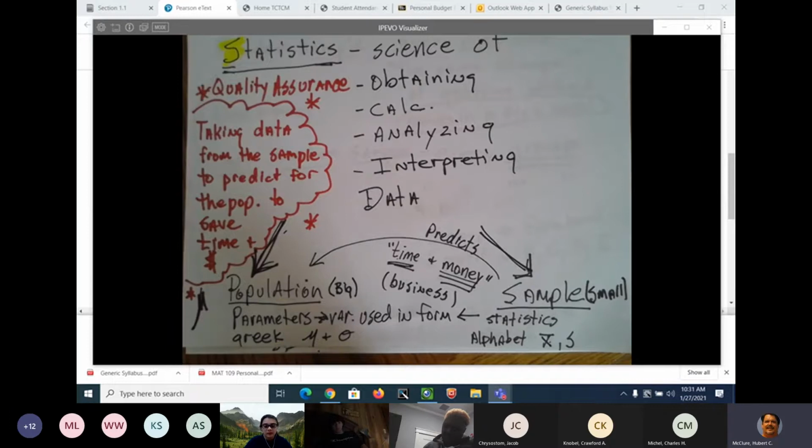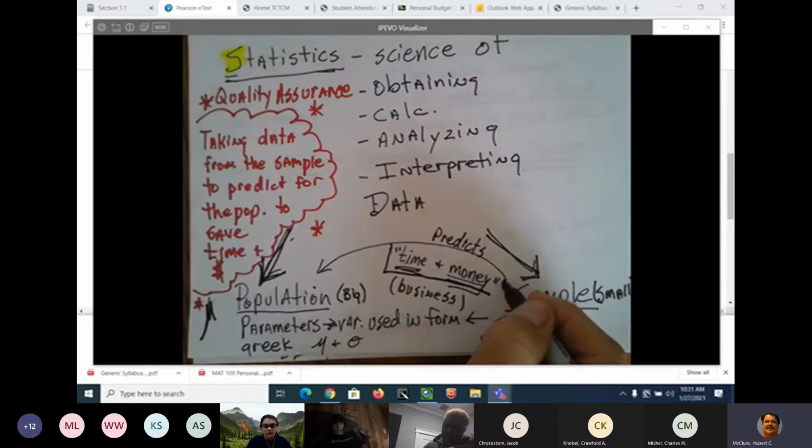But you don't want to spend the two most important things in our lives. And what is that? Time and money. You don't want to spend the time or the money to survey 10,000 people. So you hire somebody to use 1,000 people to predict for the 10,000.